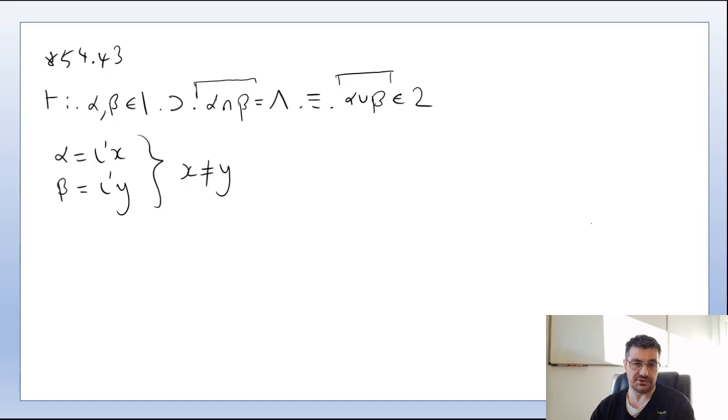Okay, so if we've got two classes of the same type, but they're both unit classes, and the member of one is different from the member of the other, and we find their logical sum, then what we end up with is the logical sum of alpha and beta. There are exactly two members to this class, which are x and y.